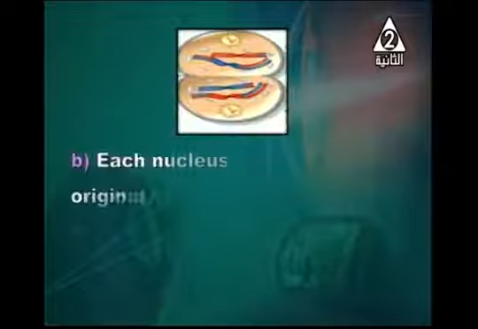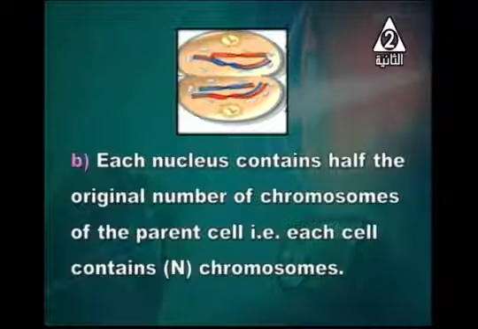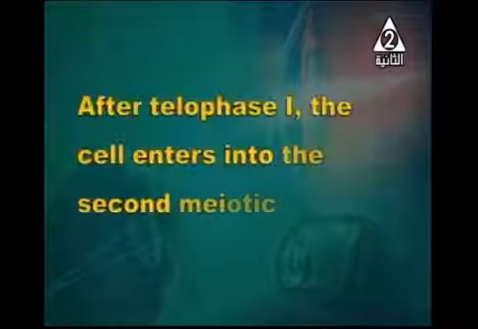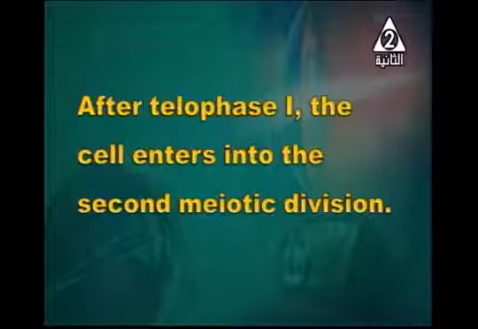Each nucleus contains half the original number of chromosomes of the parent cell, so each cell contains n chromosomes. After telophase 1, the cell will enter the second meiotic division.